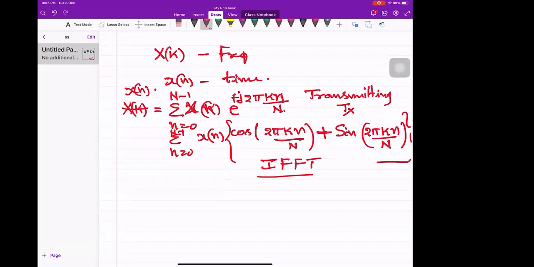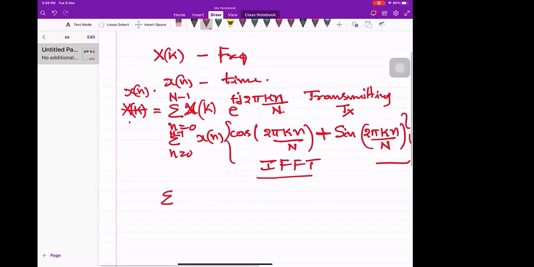At the receiving end, I receive x of n, and to these signals I can compute the frequency domain. That is e power minus j 2 pi k n by capital N. This gives me back x of k.